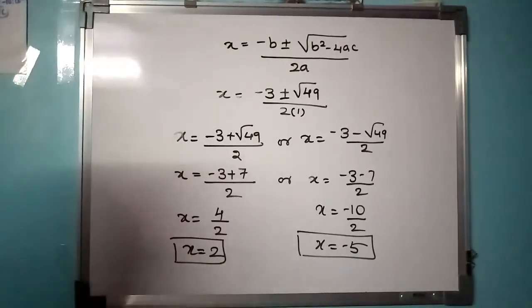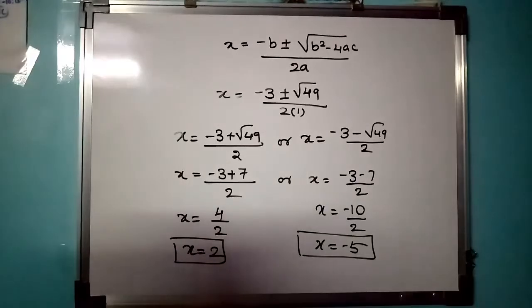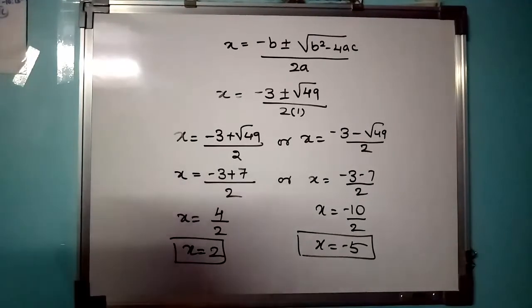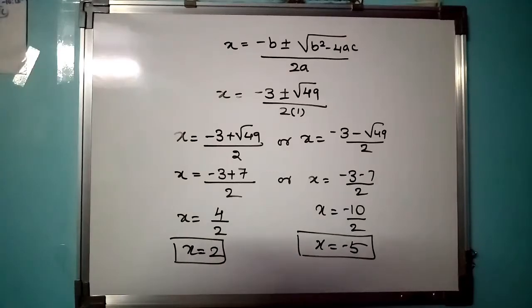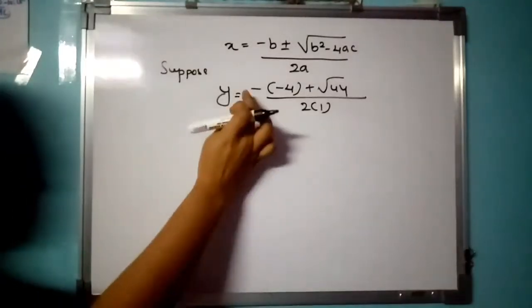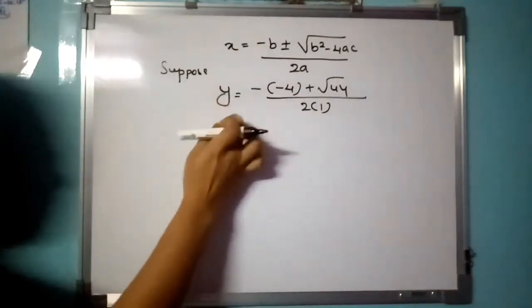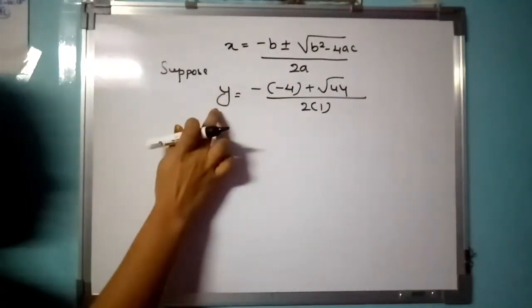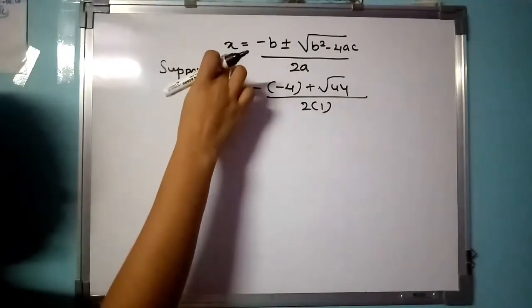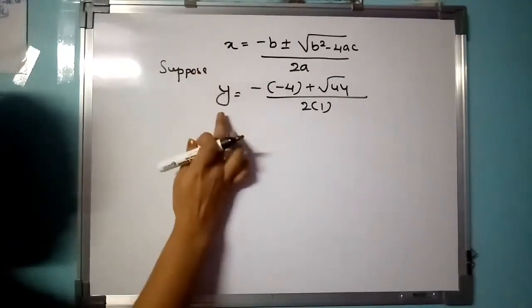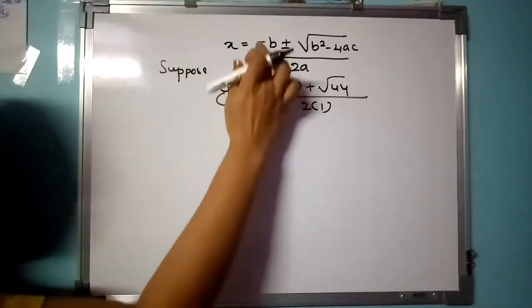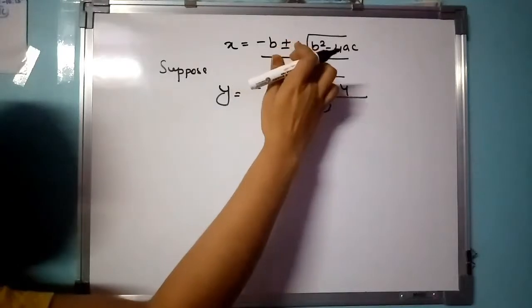Let's see one more equation where we have already placed the values and we are just trying to find the roots. See this example, we have already placed the values. The equation has y, so we are taking it as y is equal to. Minus is constant.